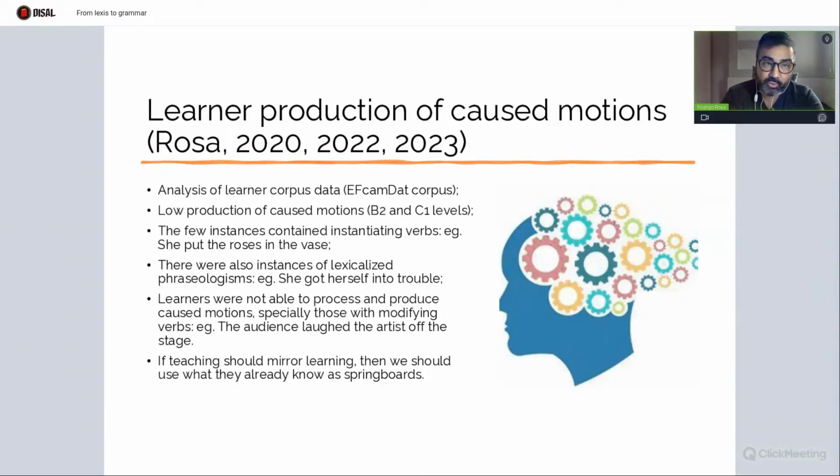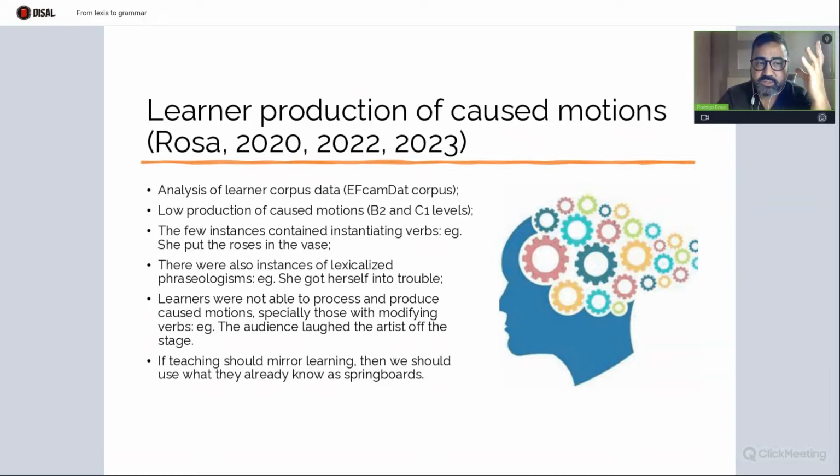And the very few examples that I could find in the corpus that I consulted, that was the EF Cambridge corpus from the University of Cambridge, the very few examples of caused motions were with instantiating verbs. And this is kind of complicated because it doesn't actually say that learners have knowledge of caused motions, right? They could be basically projecting the argument structure of the verbs.